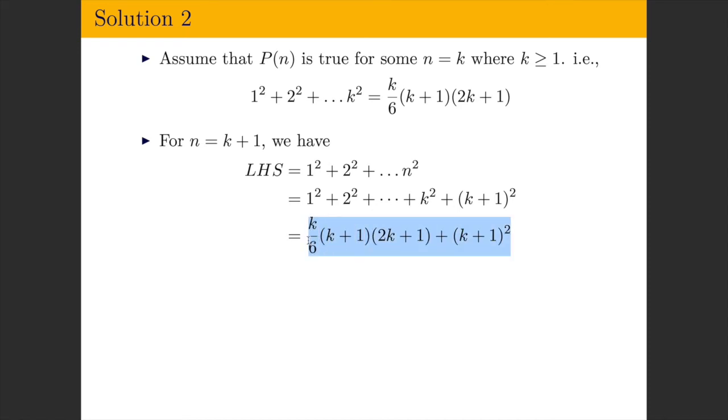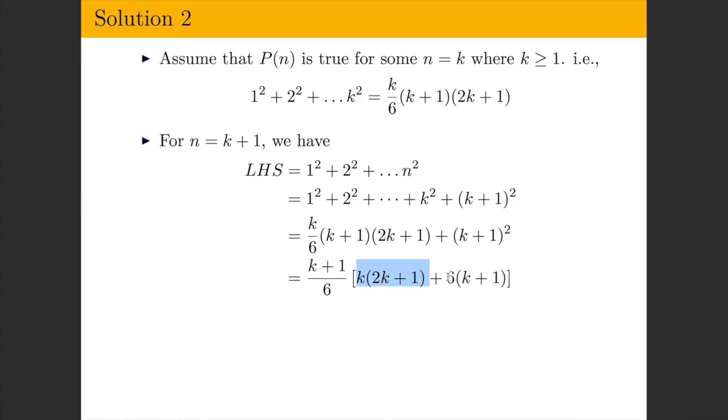right-hand side. And to do that, what I notice is that I've got this k plus 1, and I've got this k plus 1 squared here. So I can take k plus 1 out as a common factor. So if I take k plus 1 out as a common factor, actually I took out k plus 1 over 6 as a common factor, which leaves me here with the k and the 2k plus 1 left here, which gives me that side.